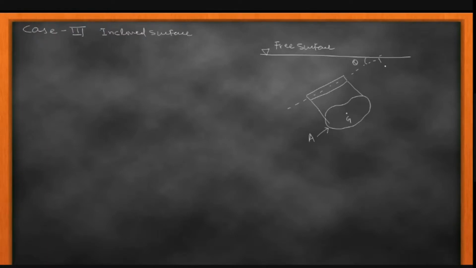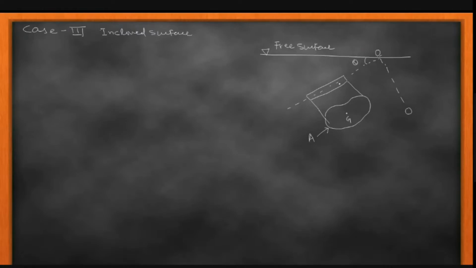Here I am taking one axis perpendicular to the surface, and I give this reference line the name OO, which makes an angle of 90 degrees with this surface. Now we take this line OO as a reference line.